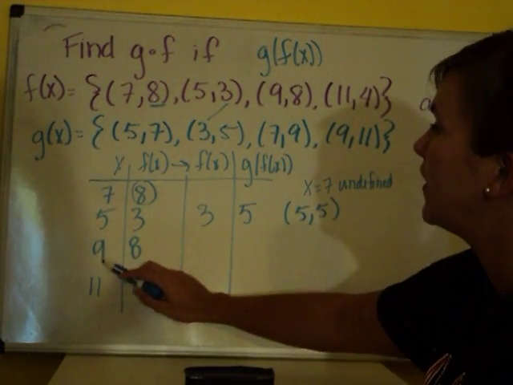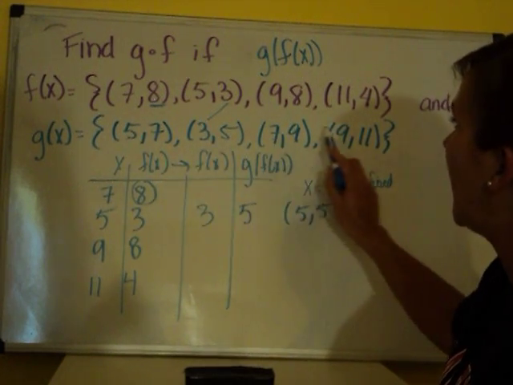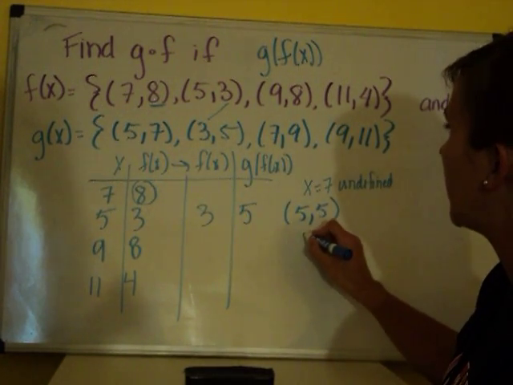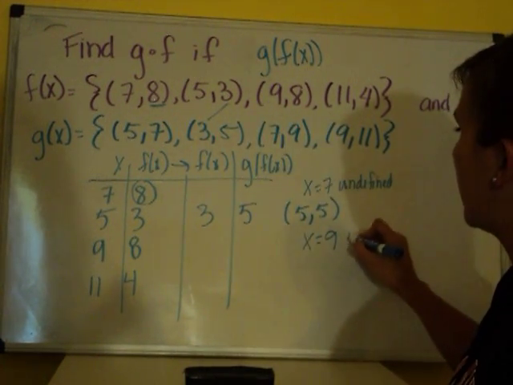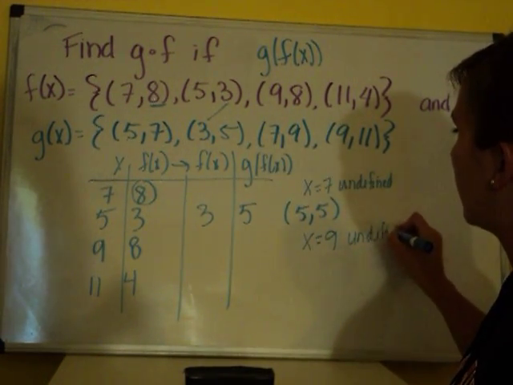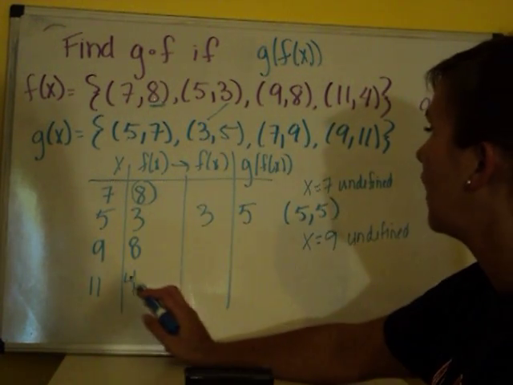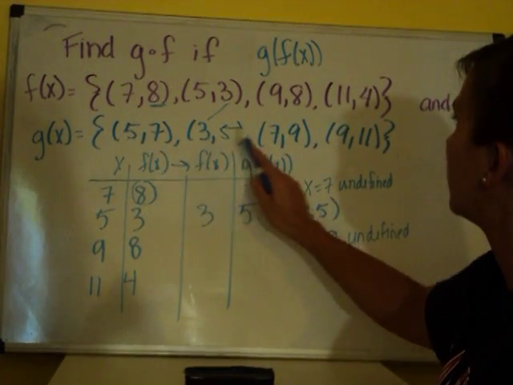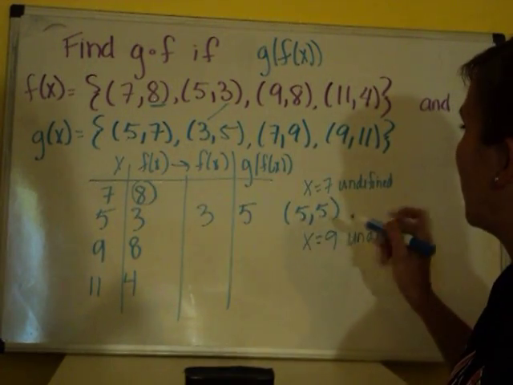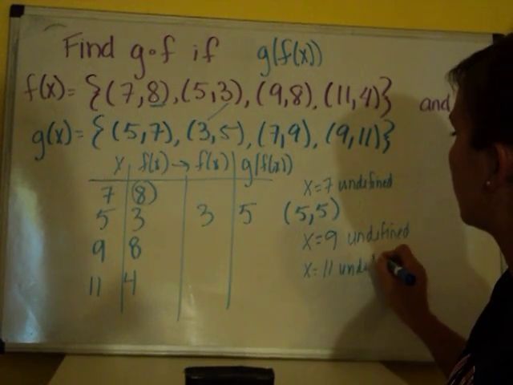If I have 9, 8, I have no inputs that are 8 either. So that means that when x equals 9, it's also undefined for g of f. And then I have 11, 4, and then I have no 4 either. So x equals 11 is undefined.